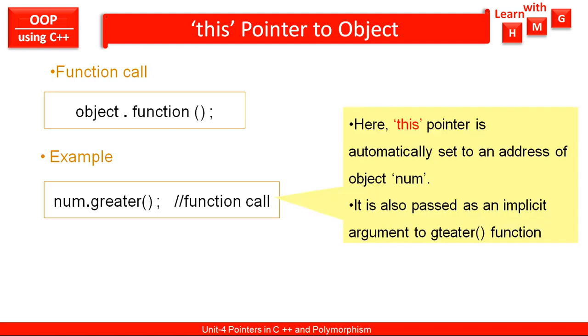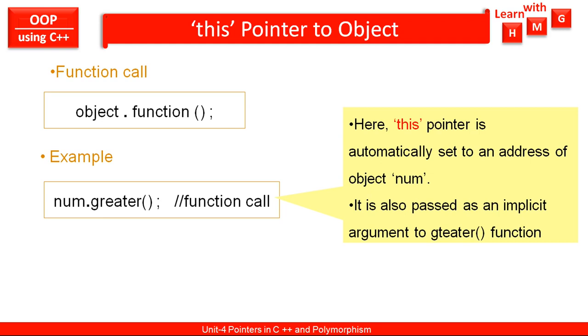Now here in this example, this pointer is automatically set to the address of object num. So the address of num will be obtained, and that address will be assigned to this pointer, and like this the pointer will point to object num, because num is the calling object which is calling the greater function.